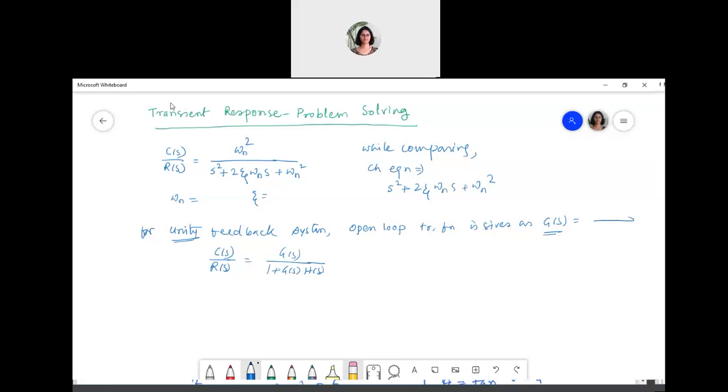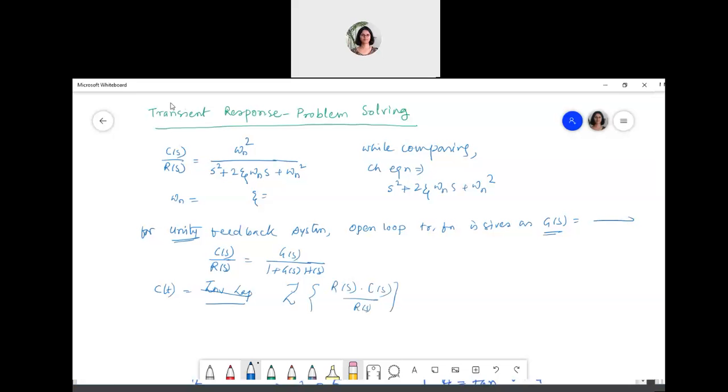Now, what do we have to calculate? They will ask for C of t, the output response. How do I calculate C of t? The Laplace transform of C of t is equal to C of s, so I need to take the inverse Laplace transform of R of s multiplied by the transfer function, C of s by R of s.